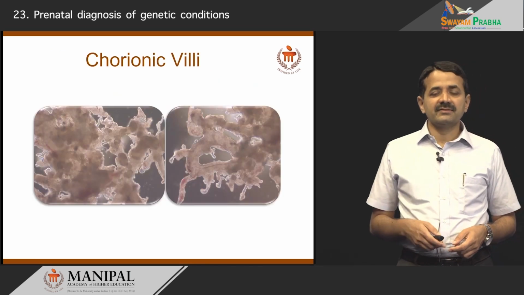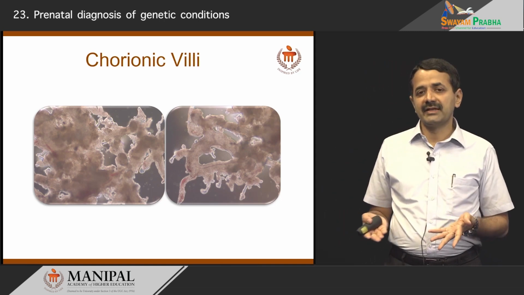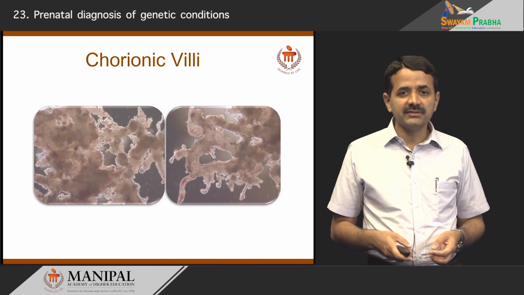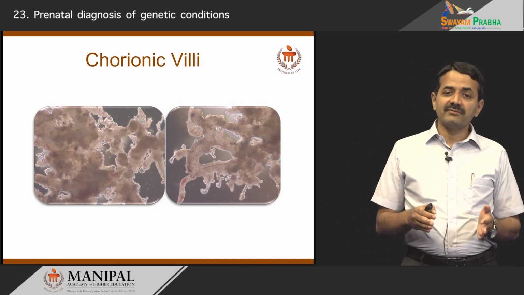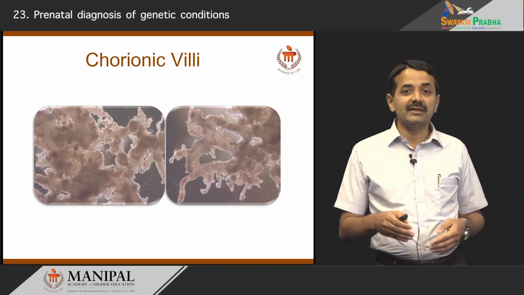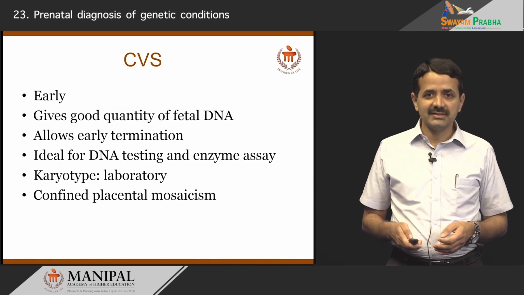You can see this is 4 times magnification of the villi, finger-like projections, or grape-like structures, almost actually finger-like projections I would say, of the chorionic villi, which is from the placenta, and this contains the same DNA as that of the fetus, which we further analyze.